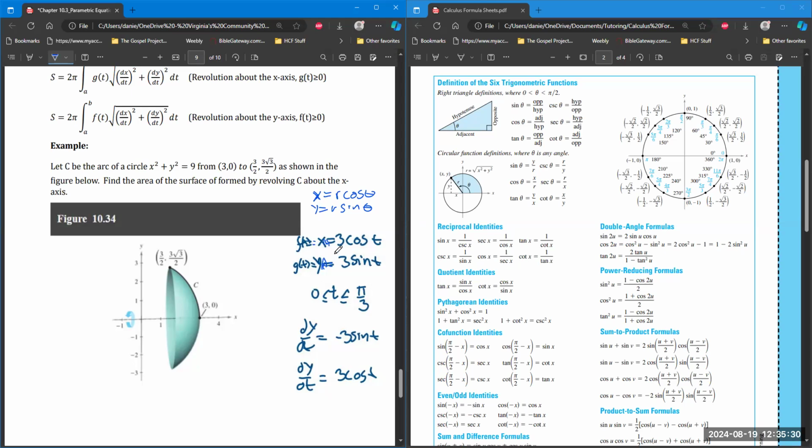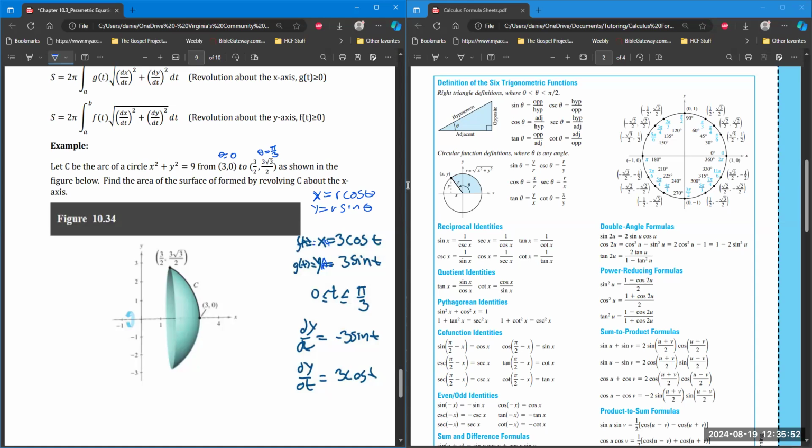And I went ahead and found that theta here is going to be 0 radians, and theta here is going to be pi over 3 radians, just by looking here and saying, okay, there's the multiplier of 3 there, so I need 3 times 1/2. I need a cosine value of 1/2.